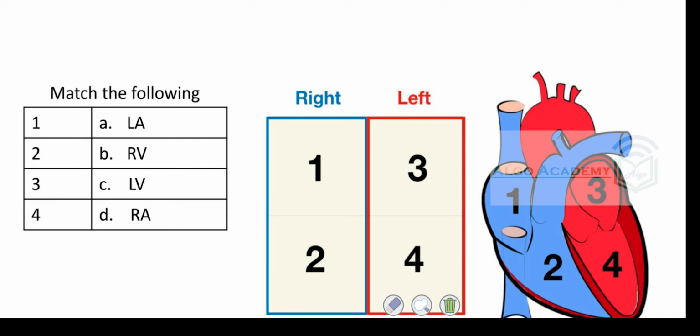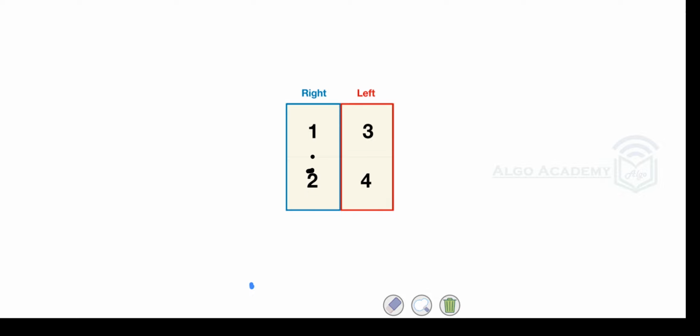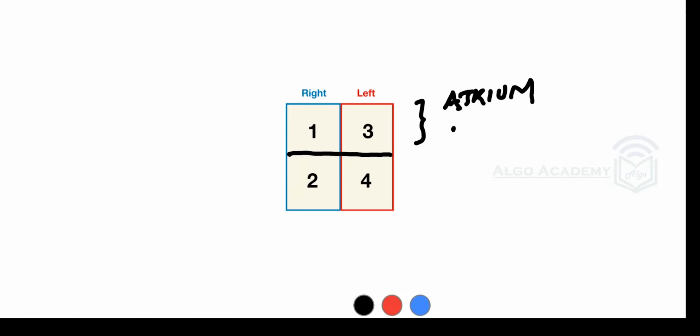If you study this diagram properly, you can answer a lot of questions. So coming to the diagrammatic representation of the heart, we have 4 chambers. The upper 2 chambers are called the atria or auricles. The lower 2 are called the ventricles.